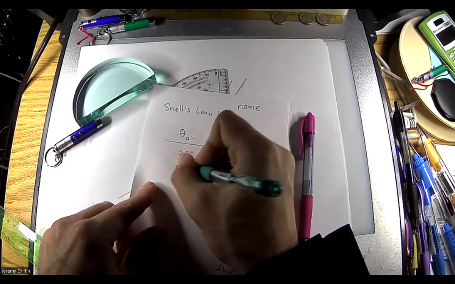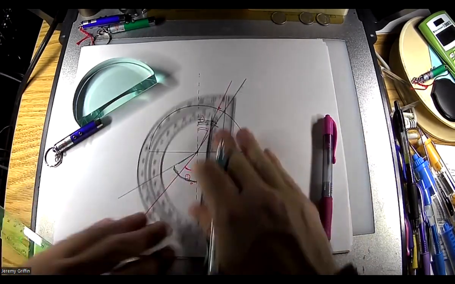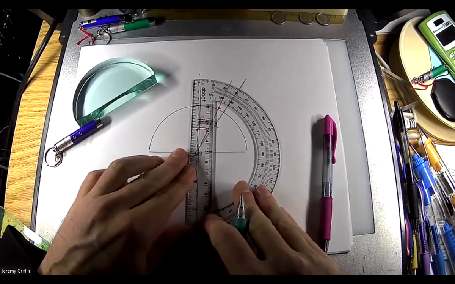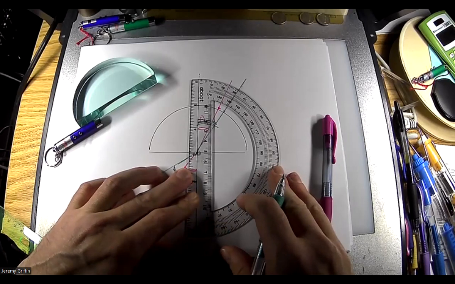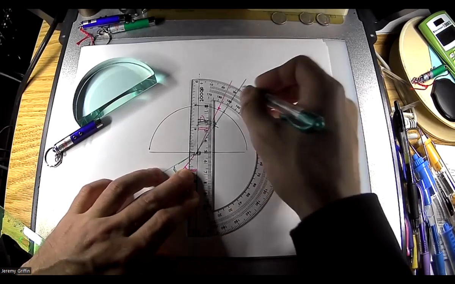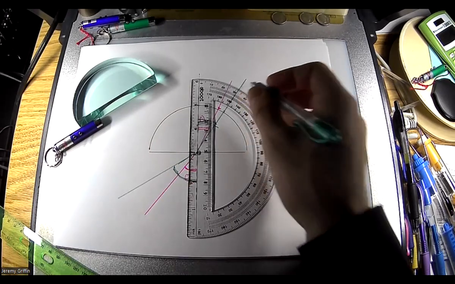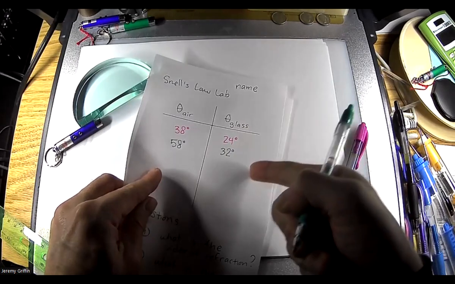So 58 degrees. Then on the side of the glass, it's going to be 32 degrees. Right?